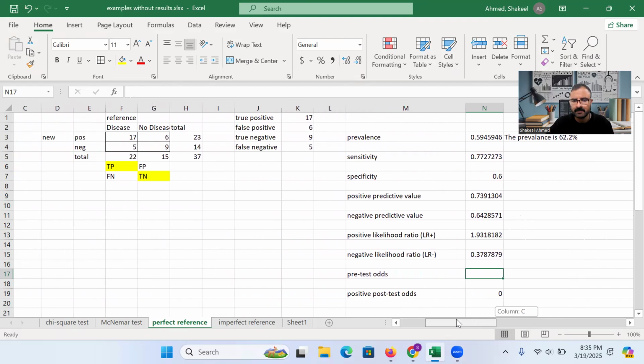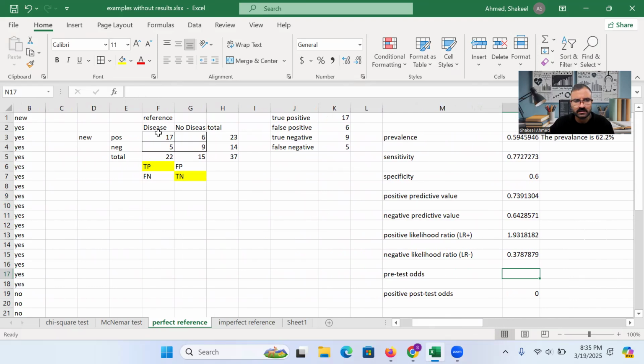You can see the sensitivity is the proportion 17 divided by 22, and specificity is 9 divided by 15. So 1 minus specificity becomes 6 divided by 15. So we are just using the ratio of this proportion and this proportion. Definitely, if this proportion is higher than this proportion, then we say that the test is performing well.